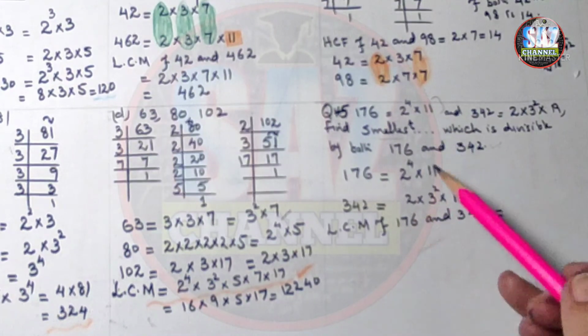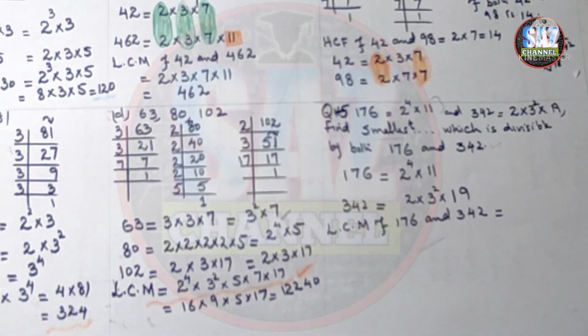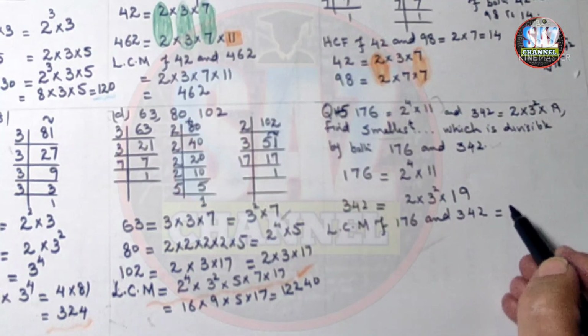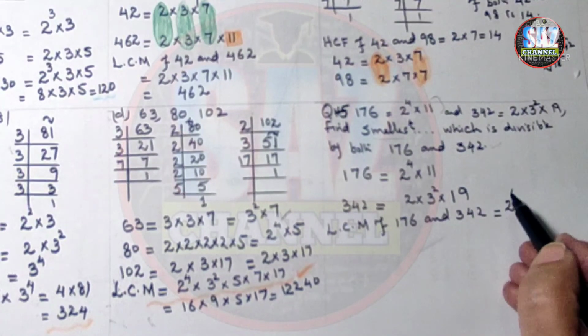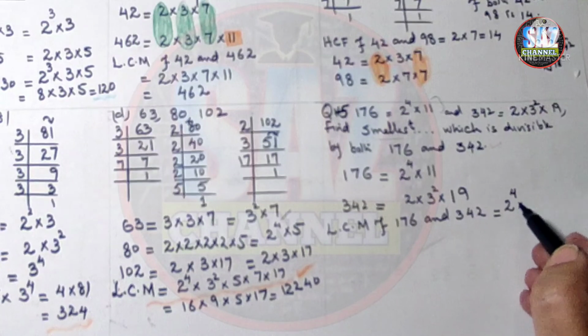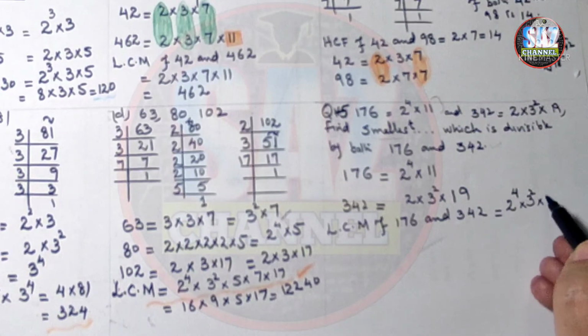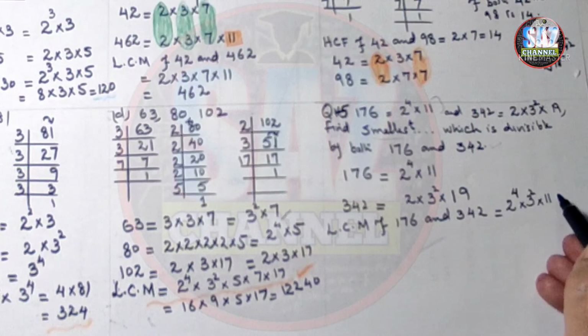So if we look at 2's, here we have 2 with index 1, and here we have 2 with index 4. So from 2's, I will have 2 raised to power 4. 3 is not a common factor, so 3 square will be coming as it is. 11 is not a common factor, so it will be coming as it is.